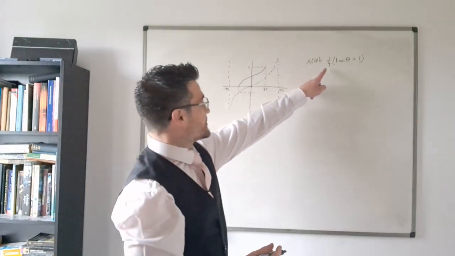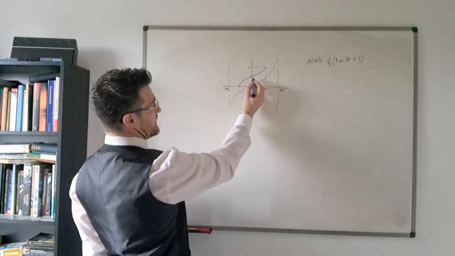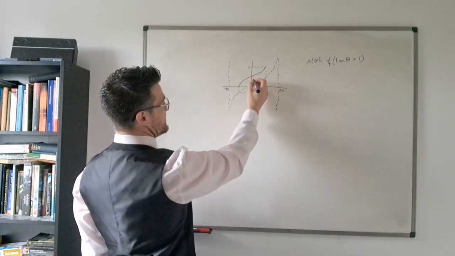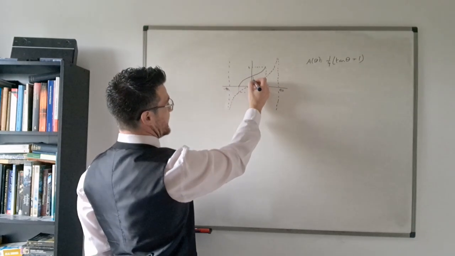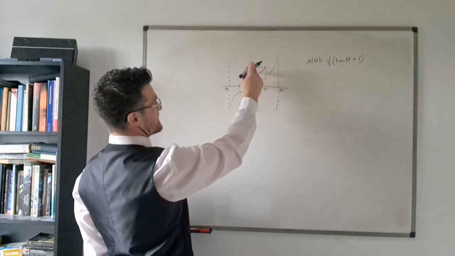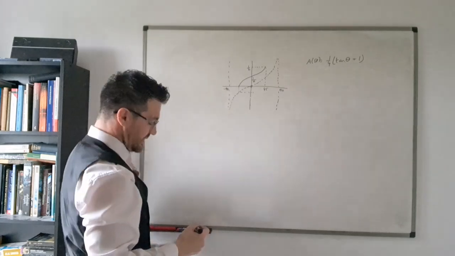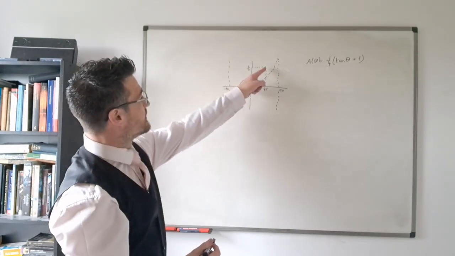But then I've got the stretch scale factor a quarter to deal with, so my graph is going to have roughly the same shape. I'm not going to bother redrawing it in. It's going to go through a quarter on the vertical axis and half up here. Okay, so my graph is this thing here.